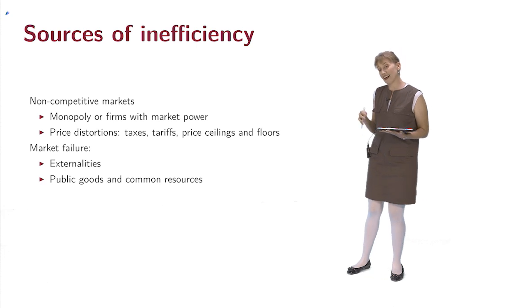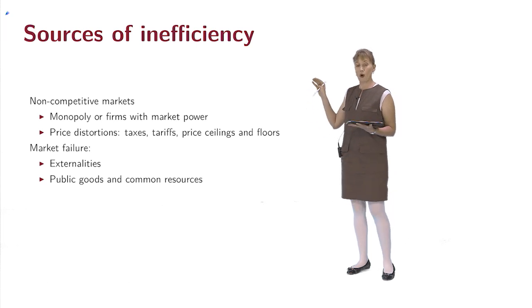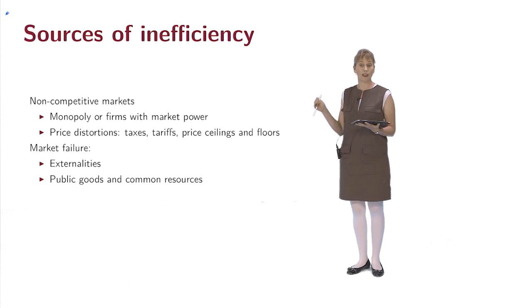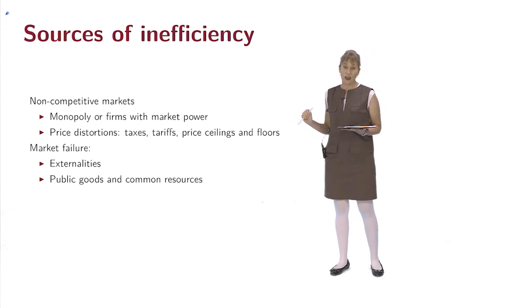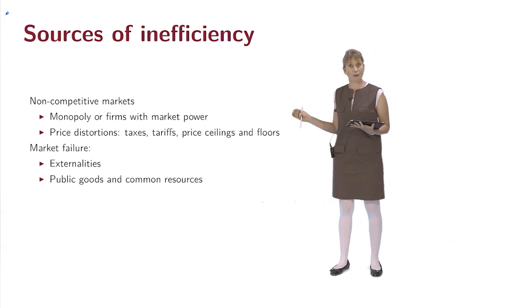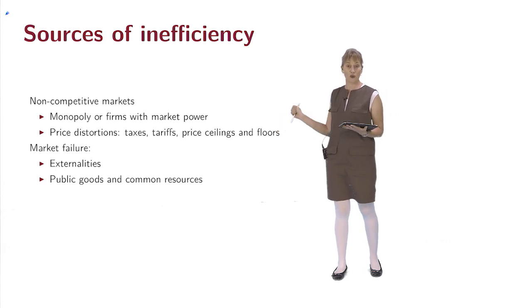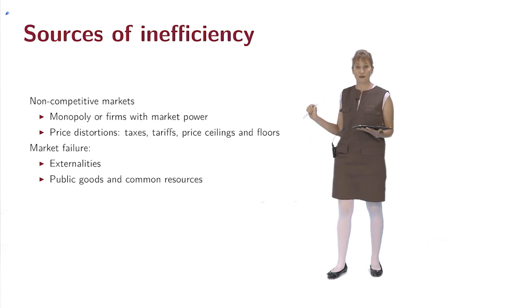We will find inefficiencies, or total surplus being less than the maximum, in the case where firms have some kind of market or pricing power, like in the case of monopoly. We will also show that total surplus is less than maximum, or markets are inefficient, in the case where we have price distortions like taxes, tariffs, price ceilings, and price floors.